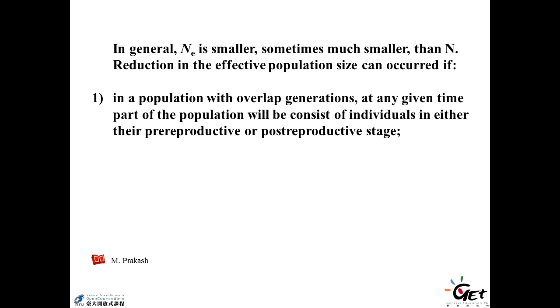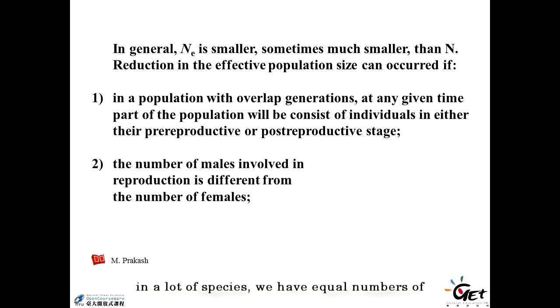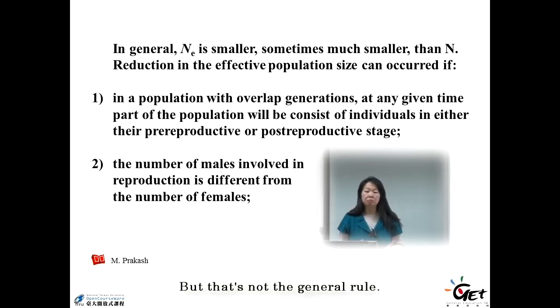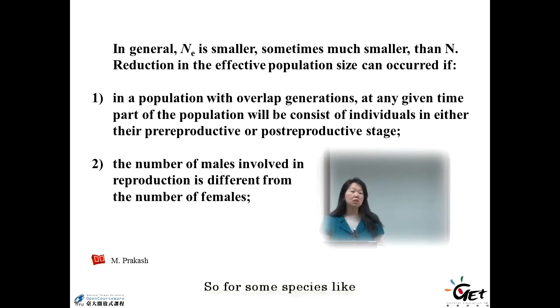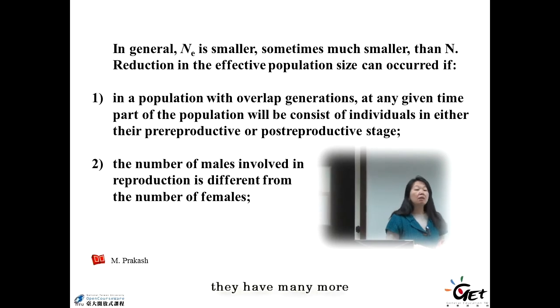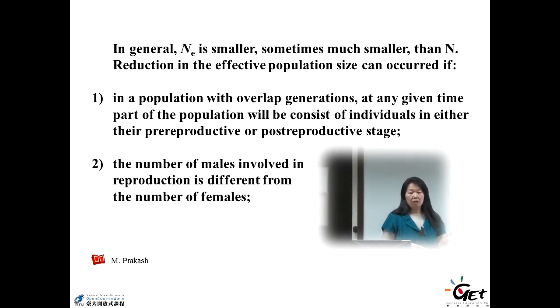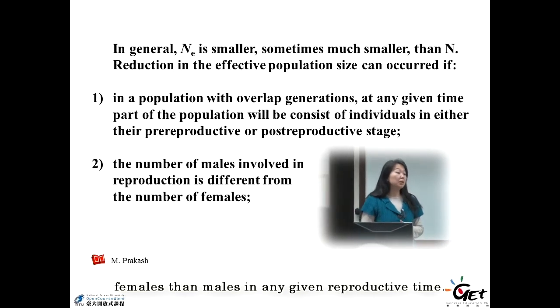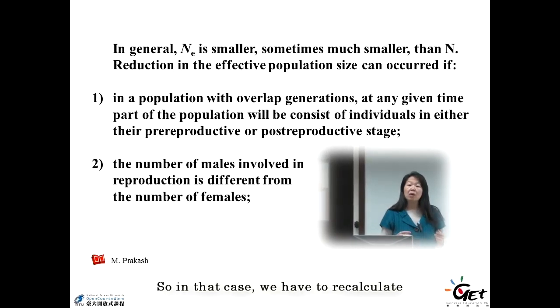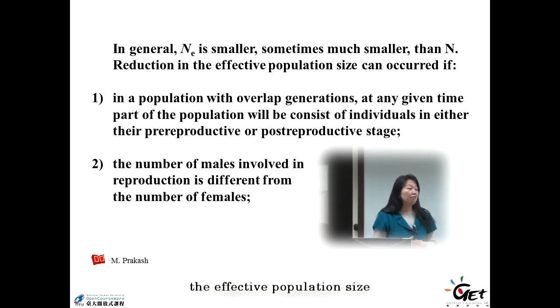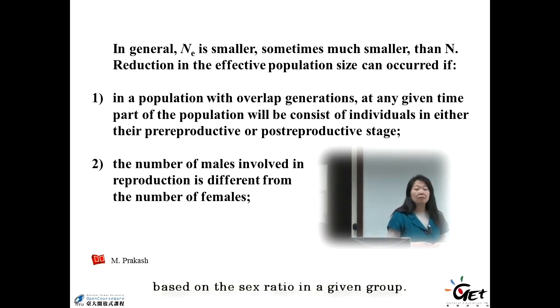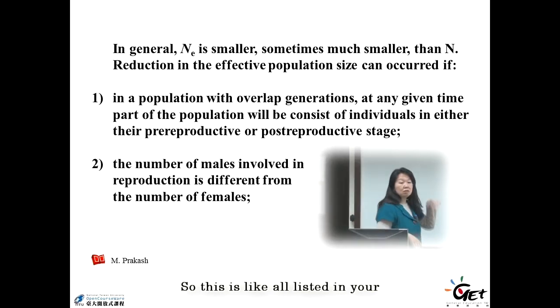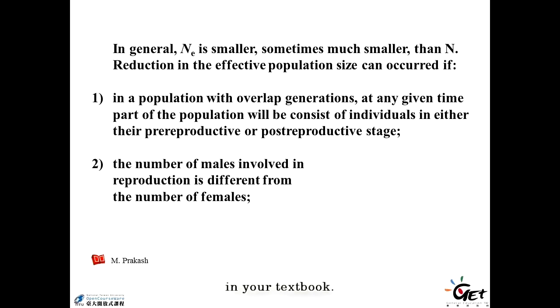Also, in a lot of species we have an equal number of males and females, but that's not a general rule. For some species, like parasitic wasps, there are many more females than males at any given reproductive time. In that case, we have to recalculate the effective population size based on the sex ratio in a given group. This is all listed in your textbook.